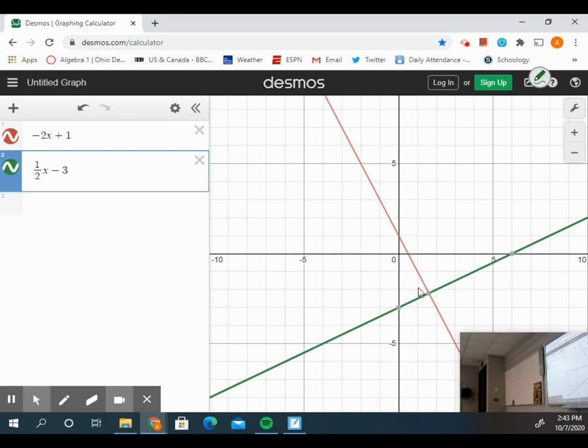But the other thing I want you to notice is not only do these lines intersect at 1.6 and negative 2.2, but they almost create a little square.